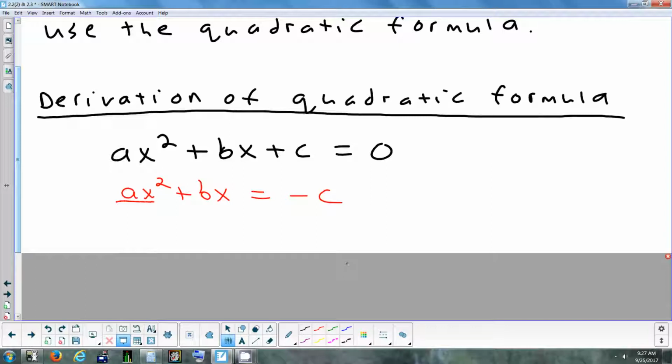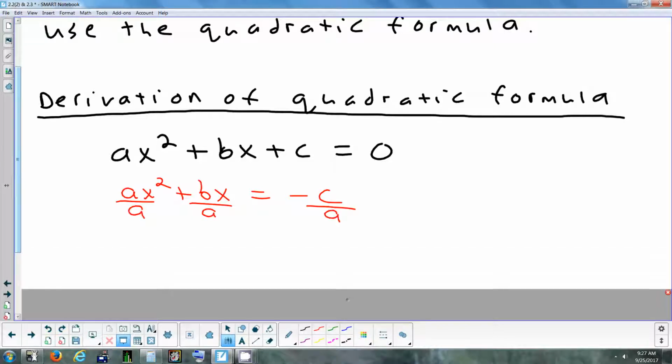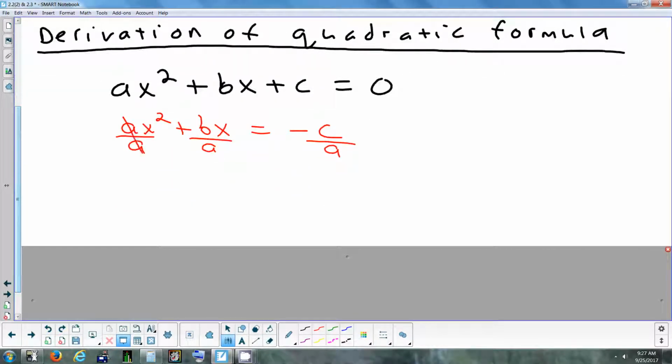So what could I divide everything by to basically turn what's in front of x squared into a 1? You can divide it by a. Yeah, we're going to divide everything by a. All right, so now I'm left with x squared plus bx equals negative c over a.